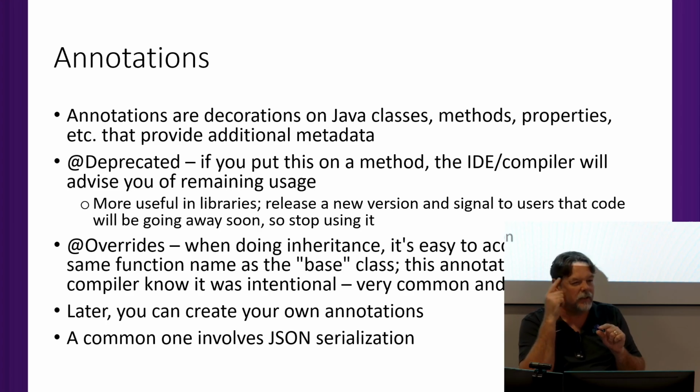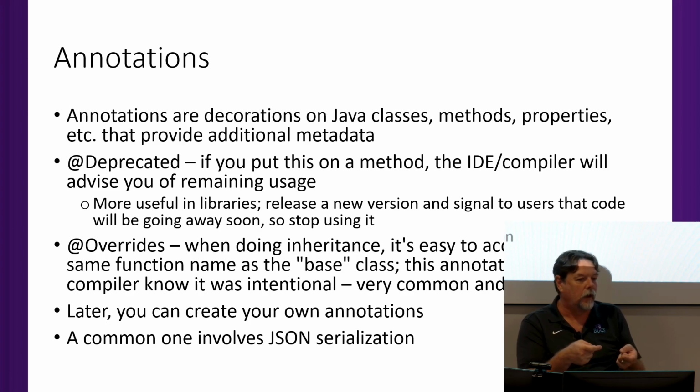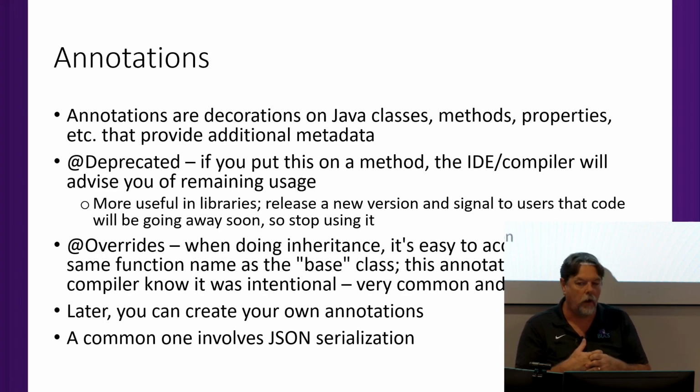That way you're telling the compiler, yes, I intended to do that. And then it'll say, okay, we're good. If you don't put that on there, it's going to say, hey, by the way, this function hides the one in the base class, just so that you know about it. And so putting the overrides annotation on the derived method is the way you get rid of that warning, which is most likely a logic error.